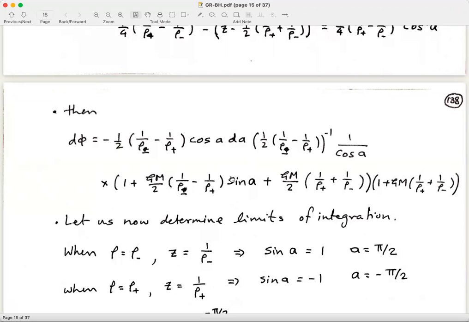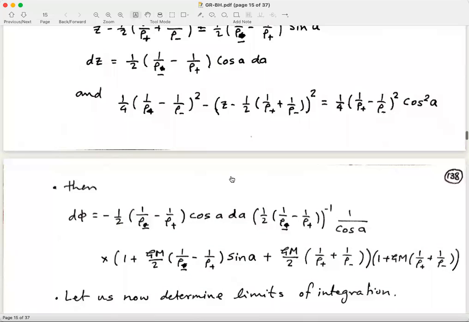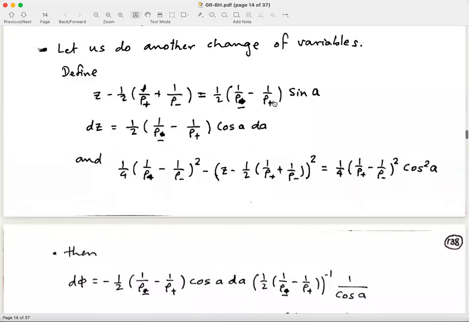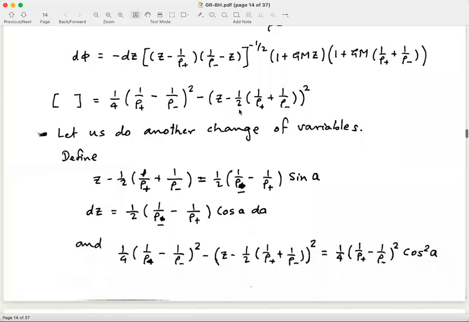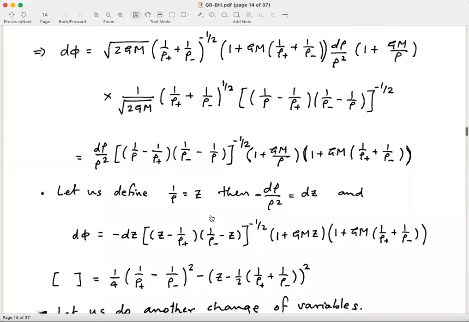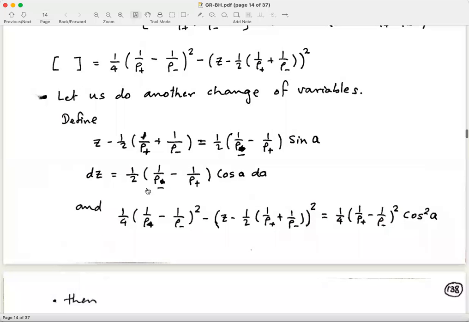Okay. Limits of integration are not very difficult to determine. You know that the maximum value that rho would take is rho plus, the minimum value that it can take is rho minus. Okay, so based on that, you can kind of determine what would be the values of z. Okay, use those values of z to determine what could be the values of a.